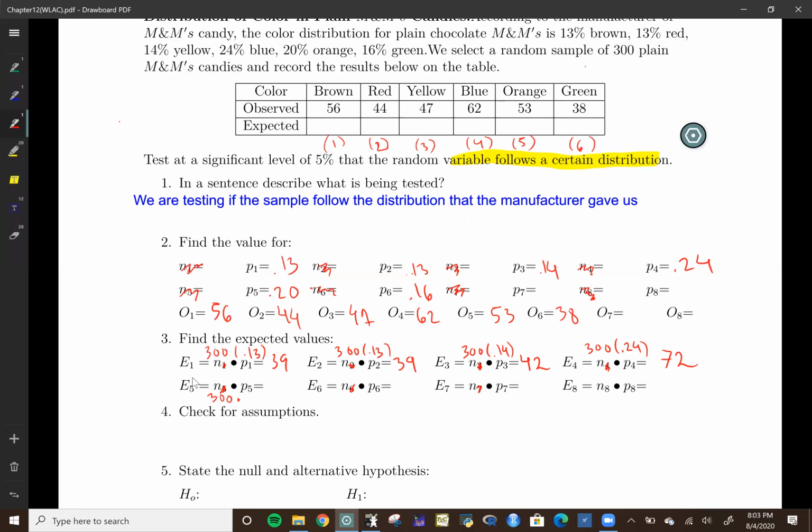P5 we said was going to be 0.20. If you do 300 times 0.20, you get 60. And then lastly, E6. E6, you do 300 and you multiply that by P6, which is 0.16. So 300 times 0.16.